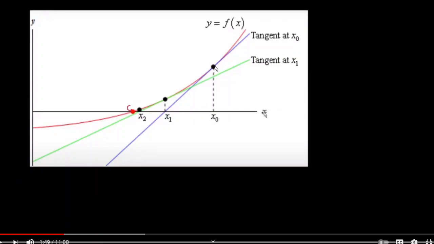But the root of the linear function is x1. Now the idea is to use x1 to approximate c. C is the actual root of the function. x1 is the root of the linear function. The first step we do is to use x1, the root of the linear function, to approximate c, the root of the given function f. So that's the idea.